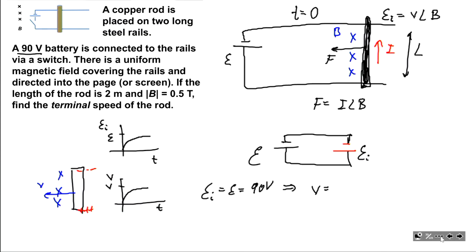It will be equal to induced EMF over length and magnetic field, 90 over 2 times 0.5, right? So 2 times 0.5, 1, 90. Any questions?